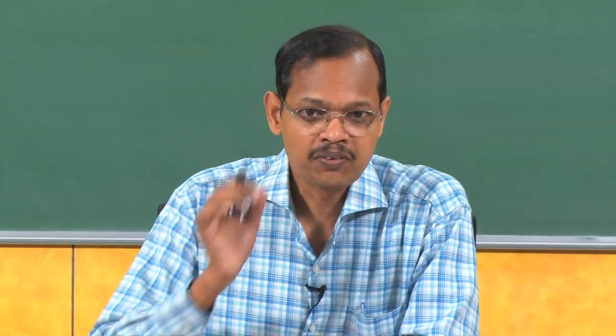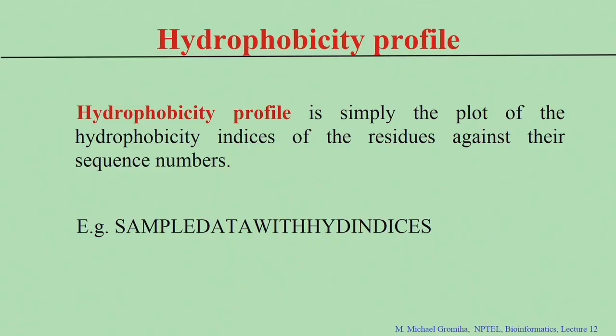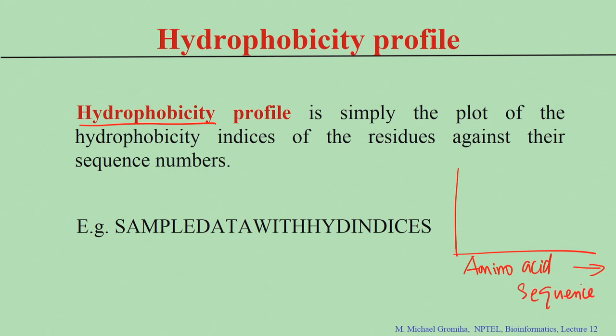So, now what is a hydrophobicity profile? The name itself tells us it is the plot of the hydrophobicity indices versus the amino acid sequence. For example, if you take any protein sequence, you can make a 2D plot. On the x axis we give the amino acid sequence, and on the y axis you write the hydrophobicity.